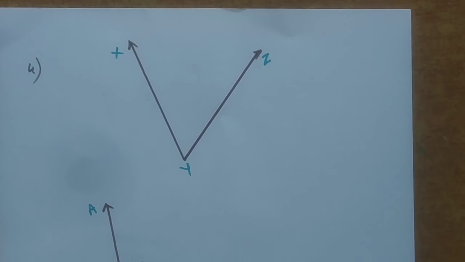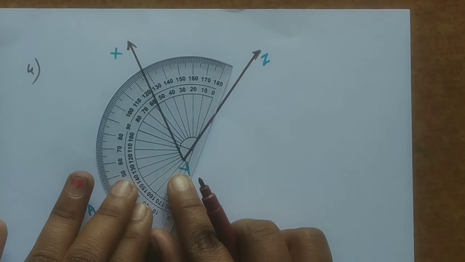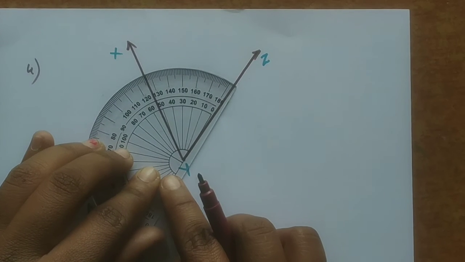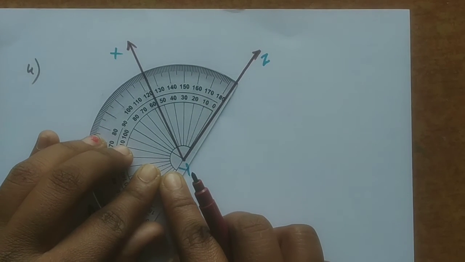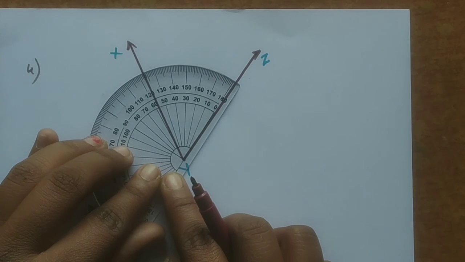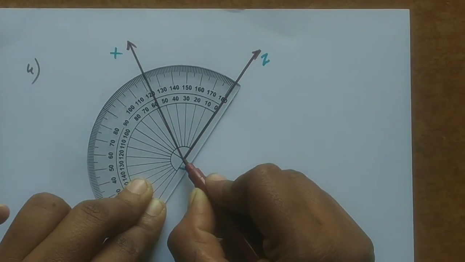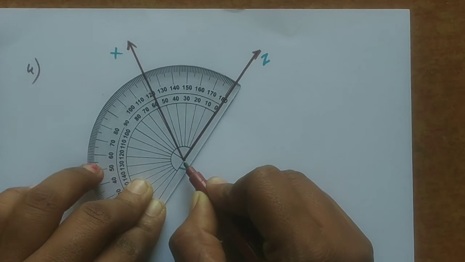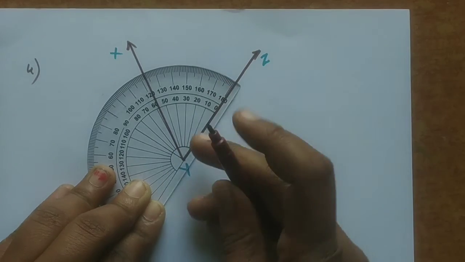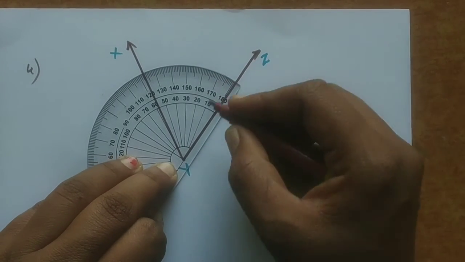The fourth angle is this one, and we have to measure. So here also we have to keep the protractor properly. Here the center point of the protractor must be on the vertex, and the baseline of the protractor must coincide with the base ray.